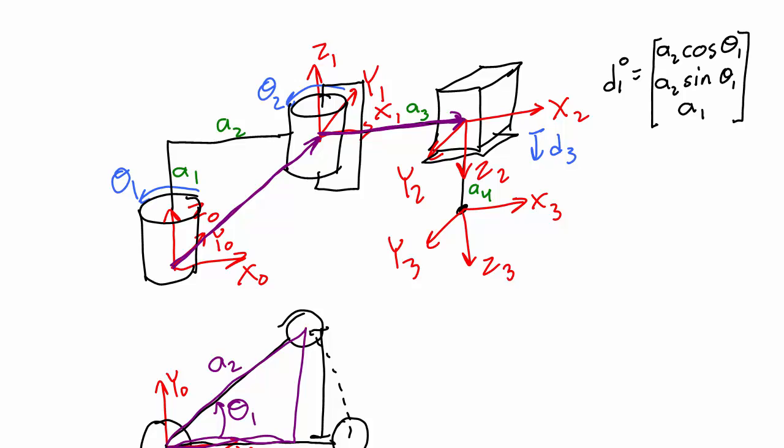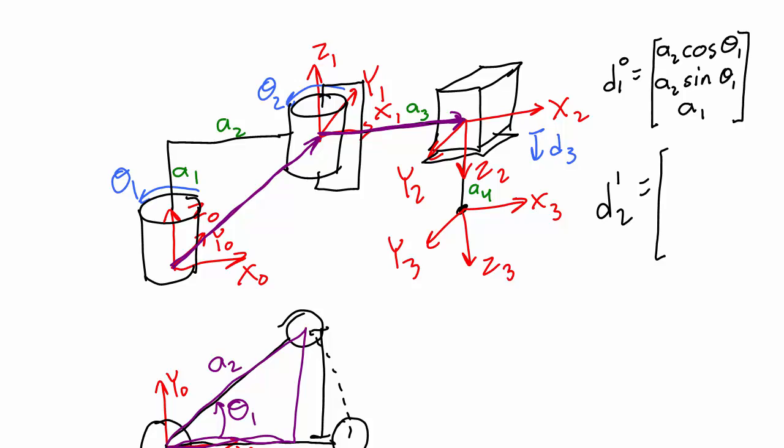In fact, the way that the displacement will change as theta 2 becomes non-zero will be the same for these two frames as it was for the 0 and 1 frame. The displacement from frame 1 to frame 2 will also have sines and cosines in the x and y positions.